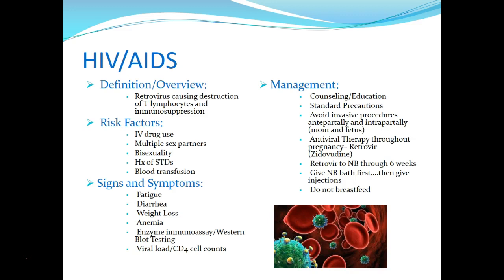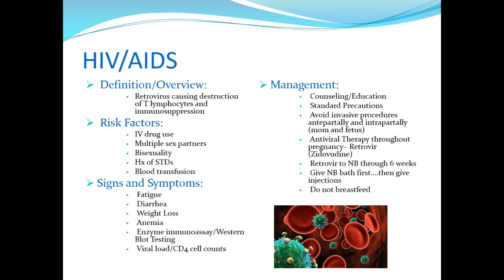We now test all blood for the presence of different types of diseases, specifically HIV and is one of them. But prior to our knowledge about HIV, we did not test blood for that. So there are some individuals who contracted HIV through blood transfusions prior to that time.